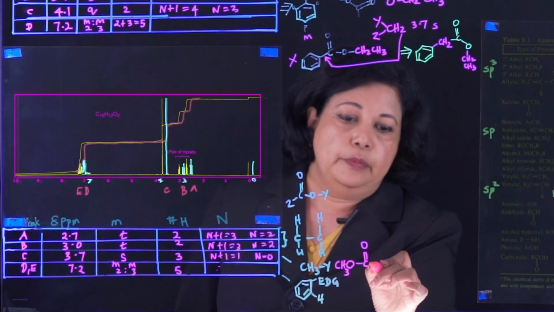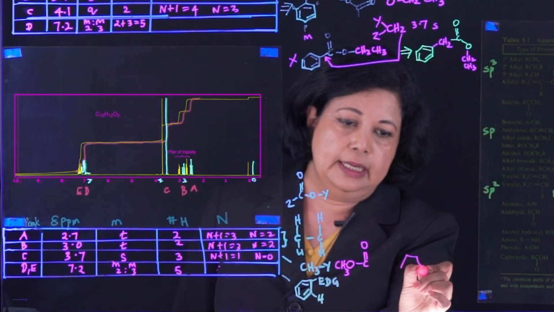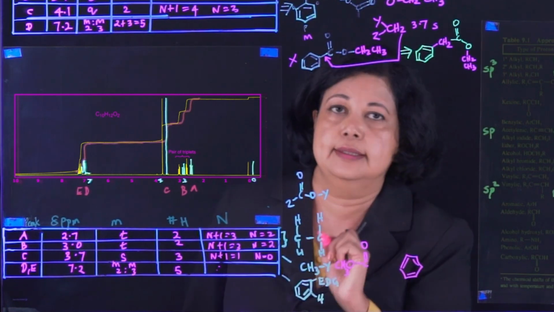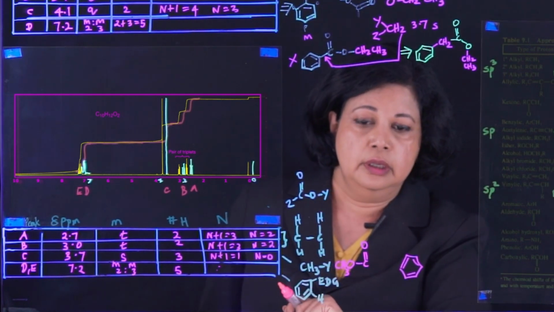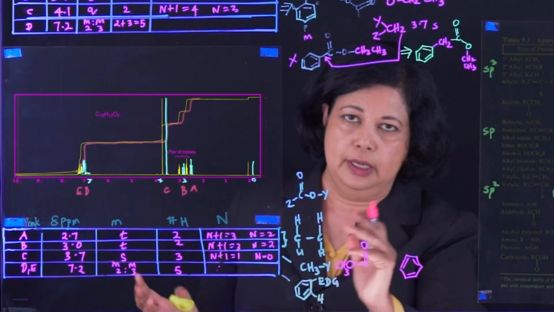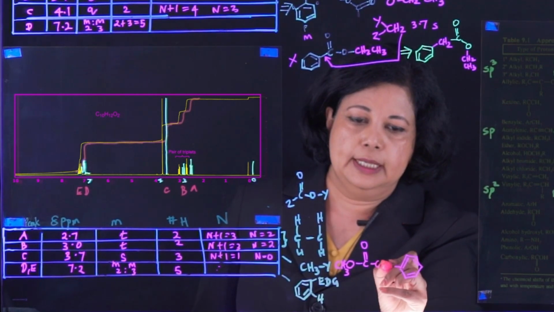Now, this is a mono-substituted benzene, so you can only have one arm on the benzene holding this. Now, if it was directly connected over here, well, what about these protons then? We have to put them somewhere. And where can we put them? We can put them right in between.